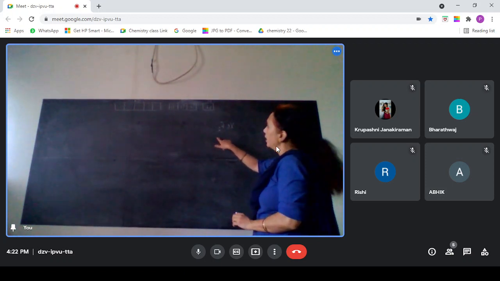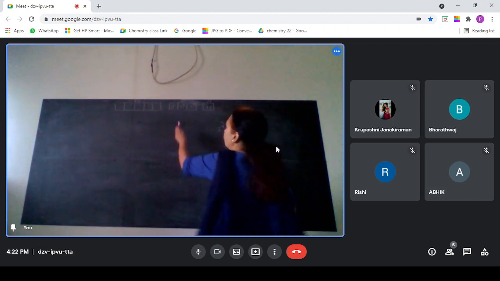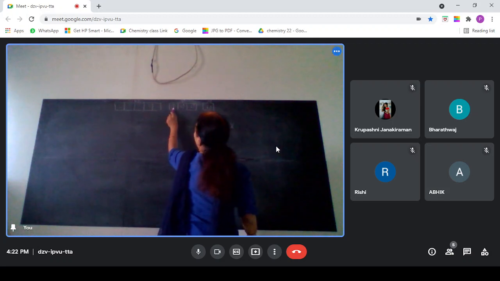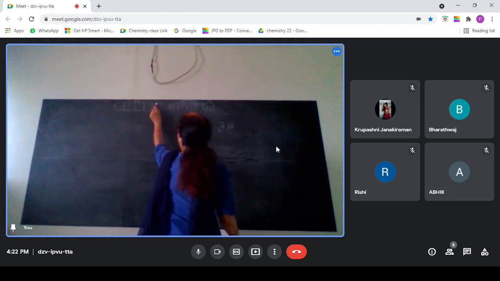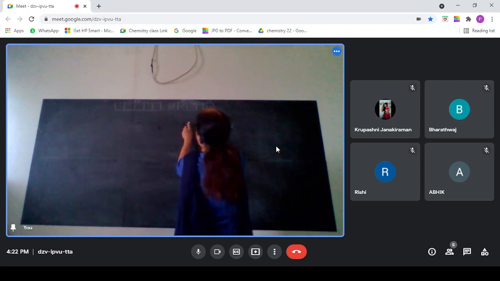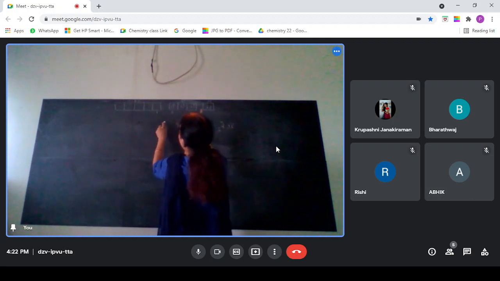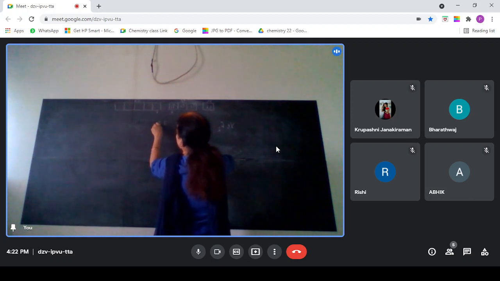XeF2, it has to form two bonds. So what it will do? One electron from 5p will jump to 5d. Here, one electron. So you will have 3 lone pairs, and this will form bonds with F. So 2 bond pairs.